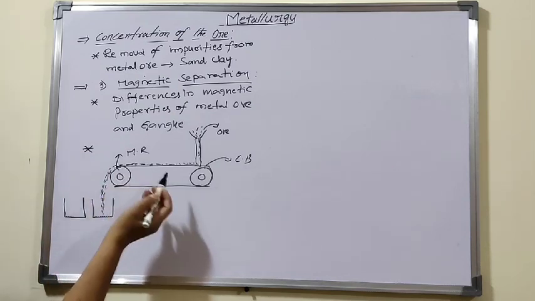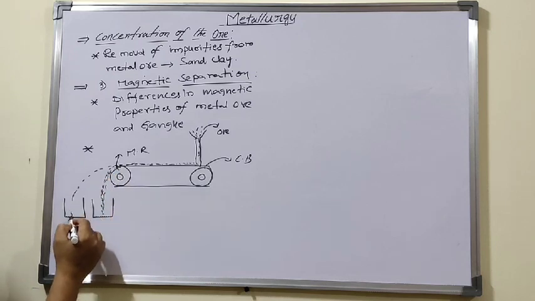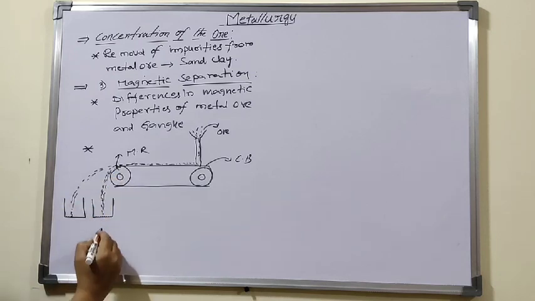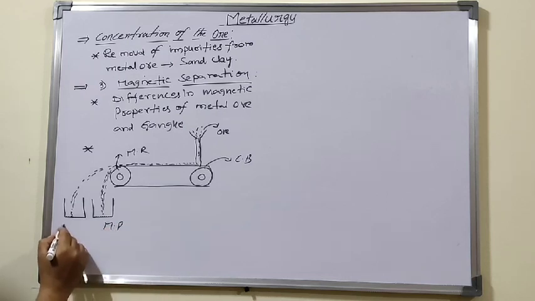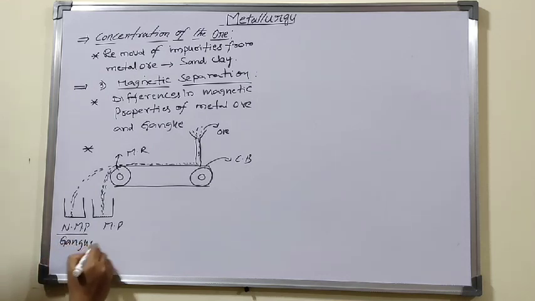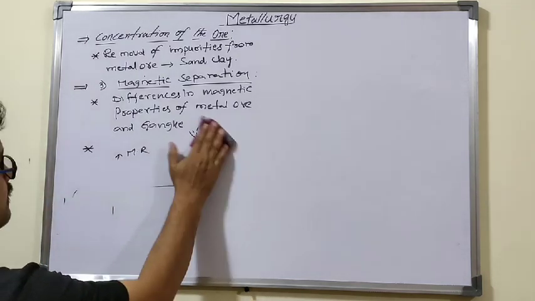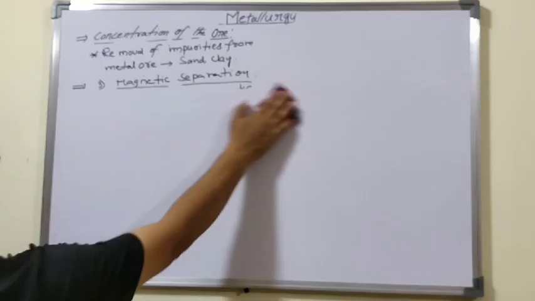Non-magnetic particles we collect here. So this is magnetic particles and this is non-magnetic particles. These we call gangue particles, and this is the concentrated ore. This is magnetic separation.